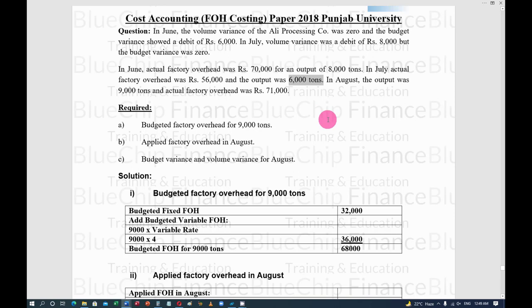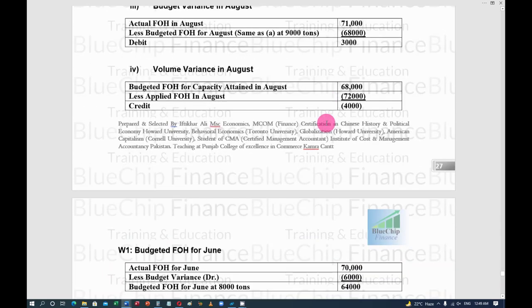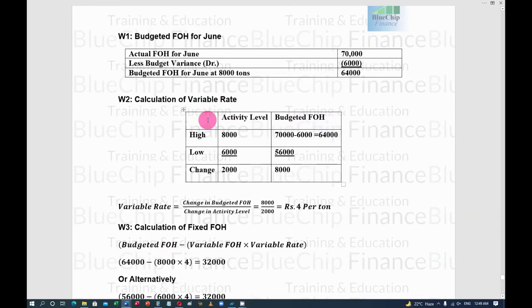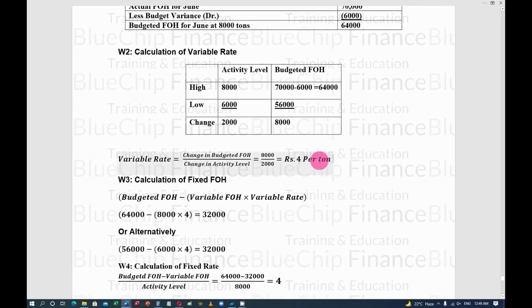So first of all, we are going to calculate the variable rate. 64,000 and 56,000: note the change. Change is 8,000 and activity level change is 2,000. So 8,000 divided by 2,000 equals rupees 4 per ton.